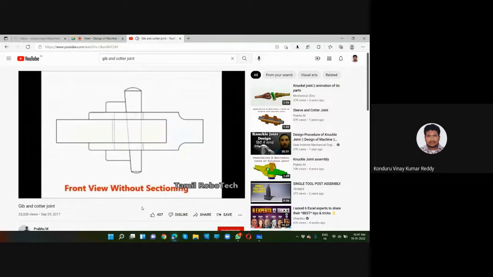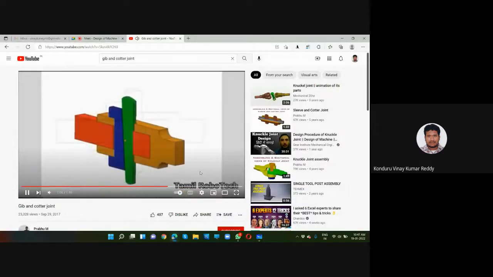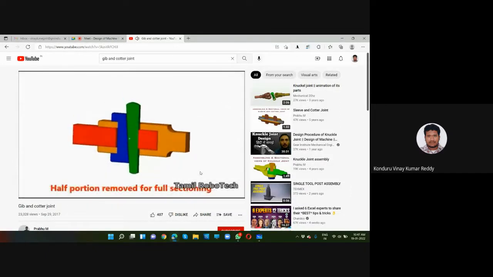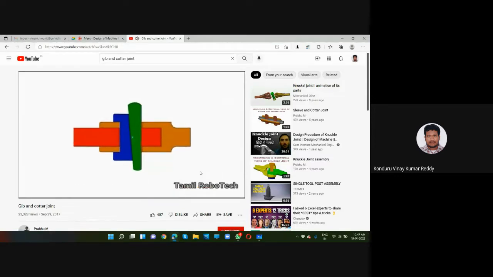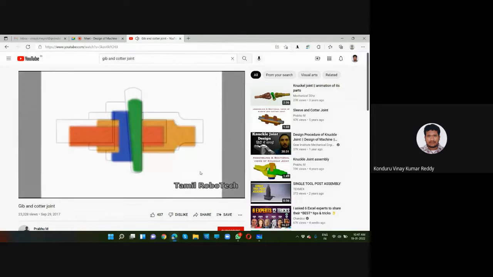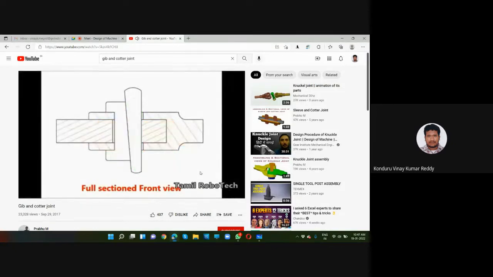If you see in the side view, this is full sectional view.